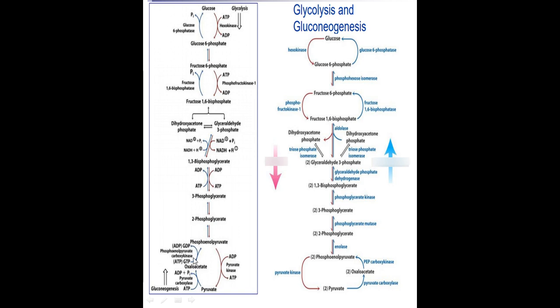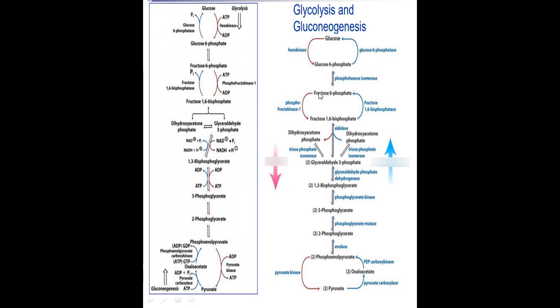So these are the three main reactions that differ in glycolysis and in gluconeogenesis. In the two pathways, three enzymes of glycolysis are replaced by four enzymes in gluconeogenesis. It's very simple. The conversion of glucose to glucose 6-phosphate by hexokinase is replaced by glucose 6-phosphatase in gluconeogenesis.